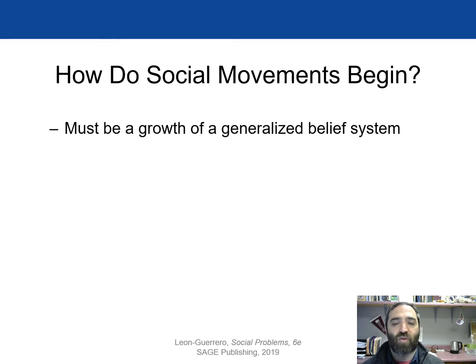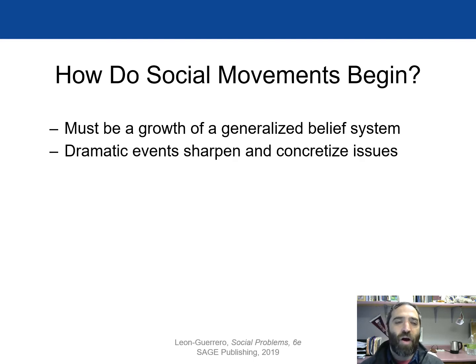There must be a growth of a generalized belief system. It may start with one person who is saying this system is illegitimate, it's not fair, but it's got to grow and it's got to appeal to and make sense to a large number of people. Oftentimes dramatic events sharpen or concretize the issue.